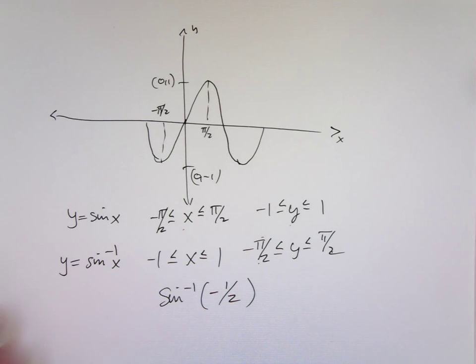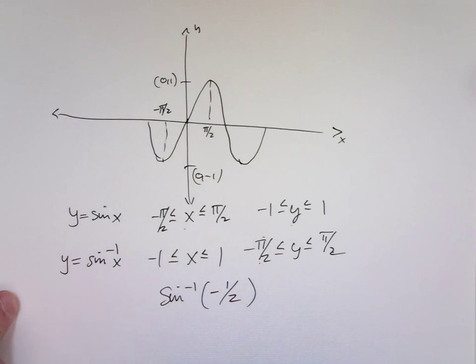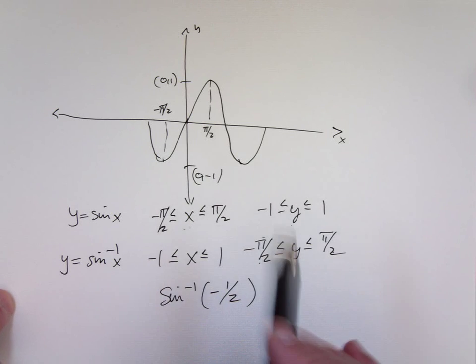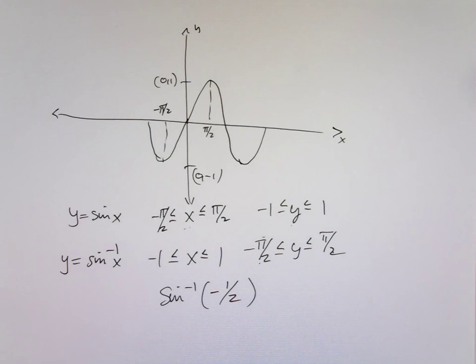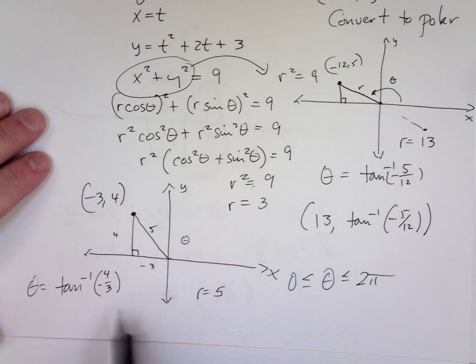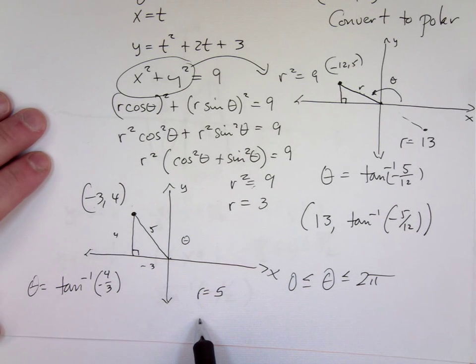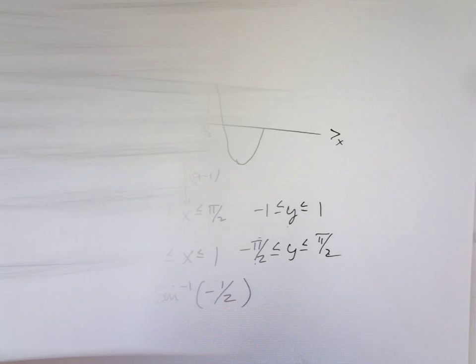It turns out that the tangent has the same domain as the sine, negative pi over 2 to pi over 2. So what does your calculator do when you give it this problem? It gives you an angle in the fourth quadrant, because the tangent is defined the same way as the sine.